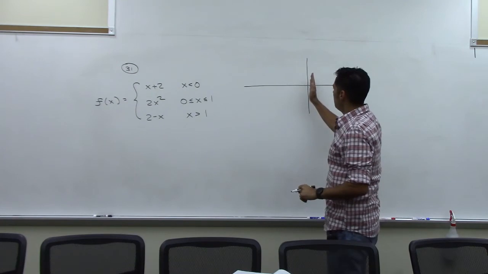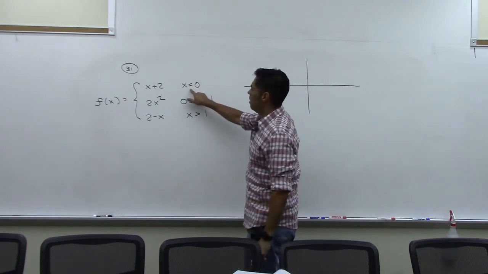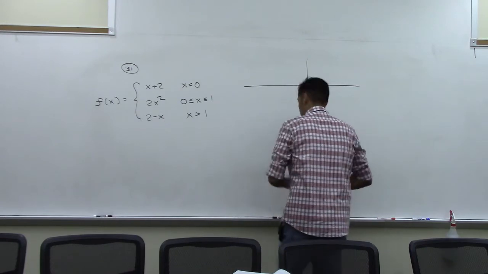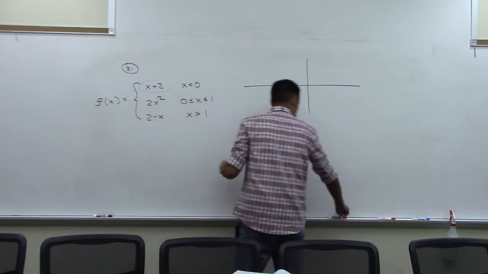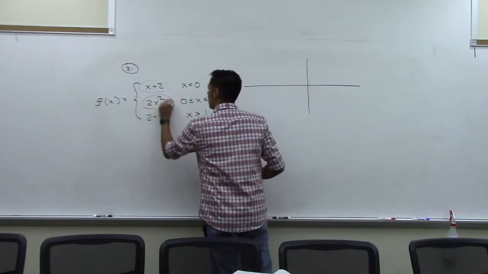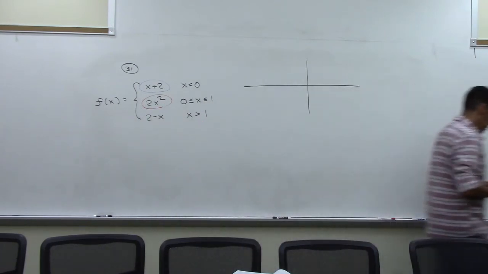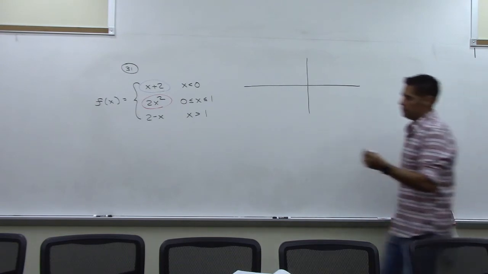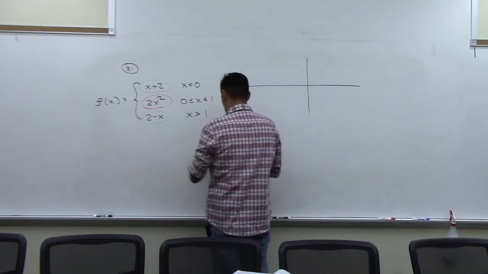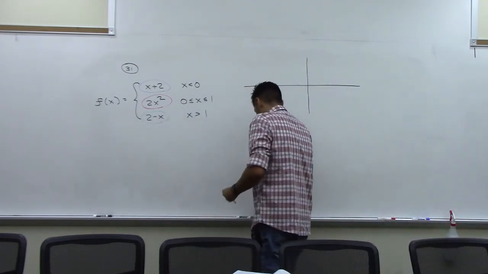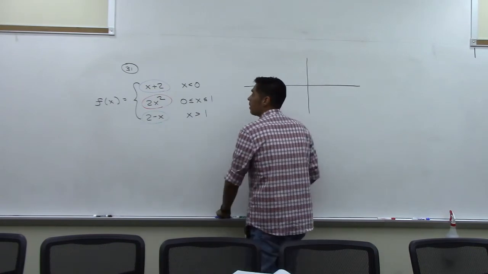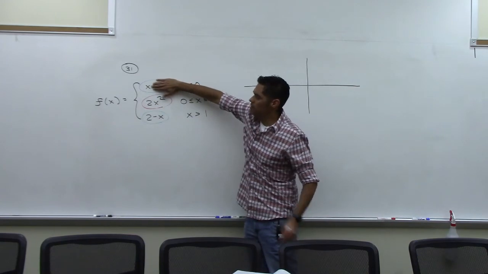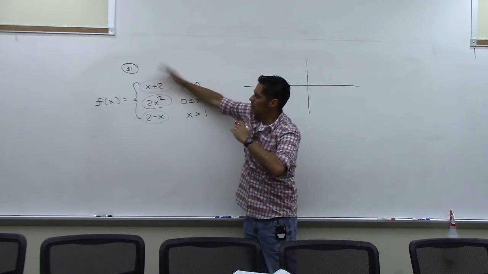To the left of 0, I have x plus 2. I'll do this one in blue, this one in red, and this one in green. Blue, red, green. This is just a line, the diagonal moved up 2.